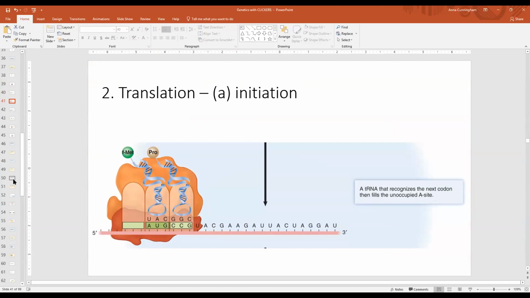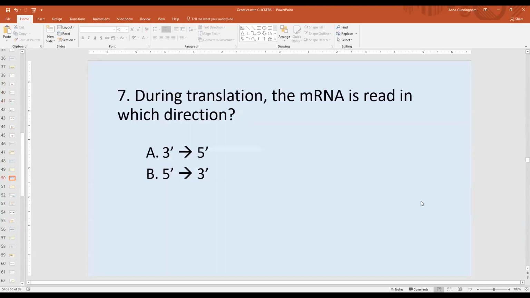All right. Good job. I have one more for you. During translation, the mRNA is read in which direction? This is a very important question to me, very important for your lives as biologists. Go ahead and answer in the chat box. Oh, yes.